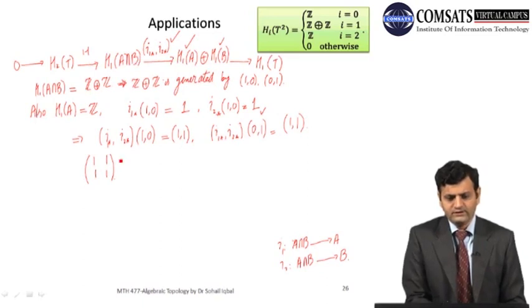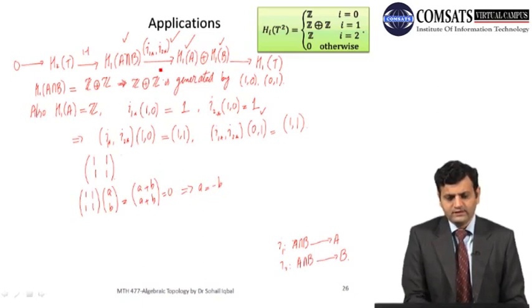So what kind of elements of H1 of A intersection B, which is basically 2 copies of Z? Let's take (a, b) in the kernel of this. This is equal to a plus b, so a plus b equals 0 implies a is equal to minus b, or b is equal to minus a.